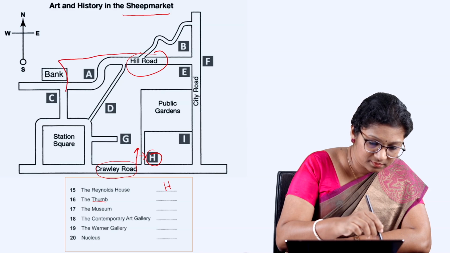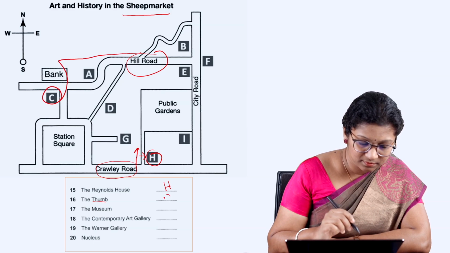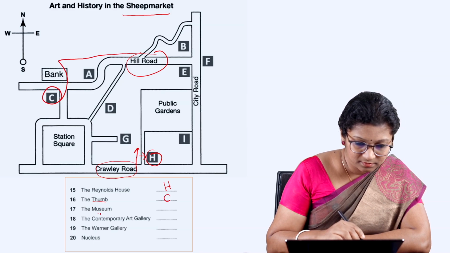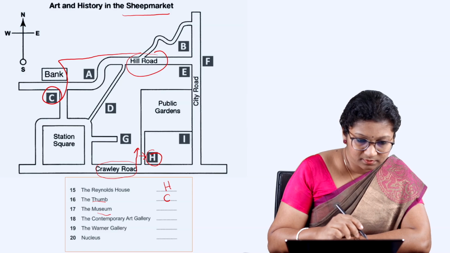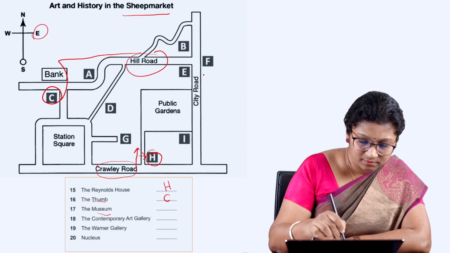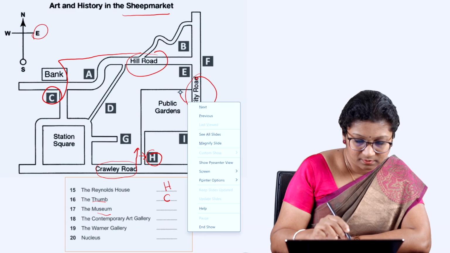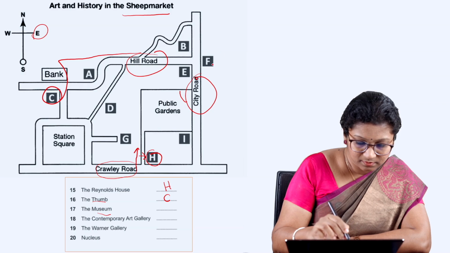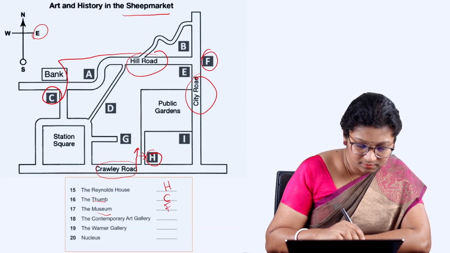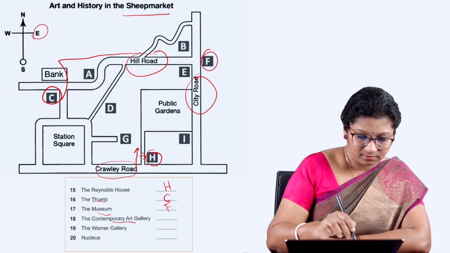The museum's got a particularly fine collection of New Zealand landscapes. It's on the east side of the sheep market, on City Road. It's on the other side of the road from the public gardens, immediately facing the junction with Hill Road. The Contemporary Art Gallery is on a little road that leads off Station Square, not far from the public gardens.